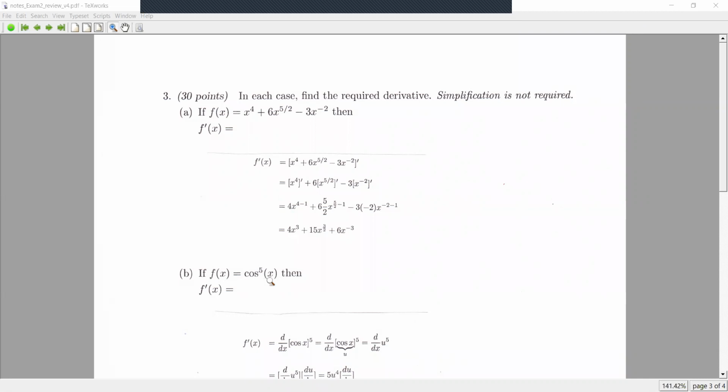Cosine to the 5th of x is equal to cosine of x to the 5th. To compute this derivative, I use the chain rule. I simplify the function by introducing u. I let u be cosine of x. Then the function becomes u to the 5th.